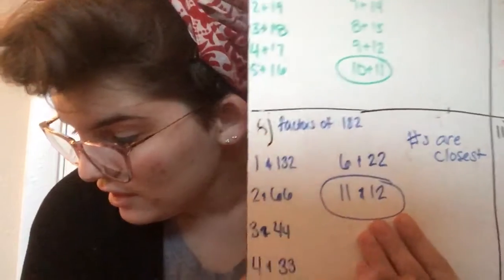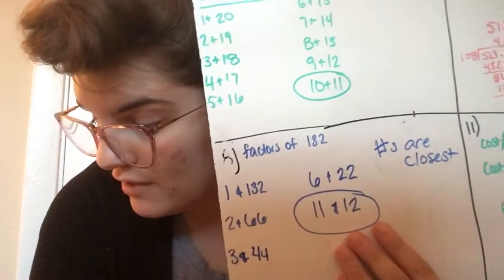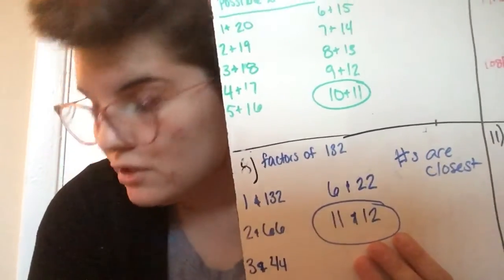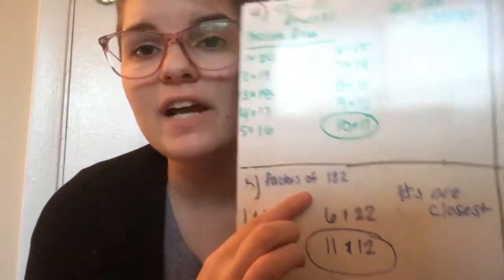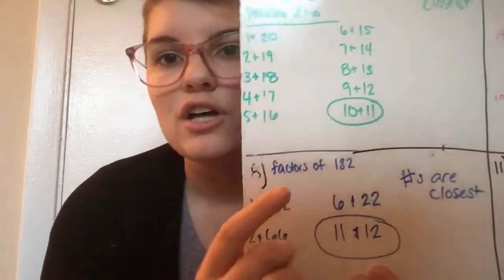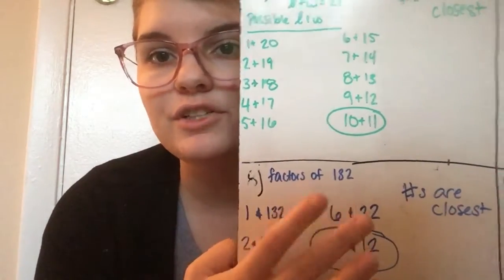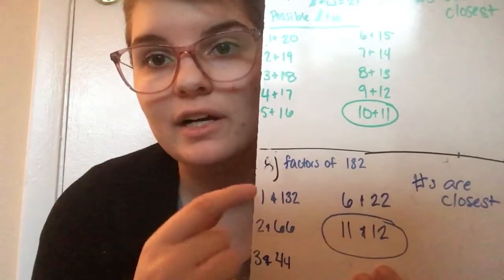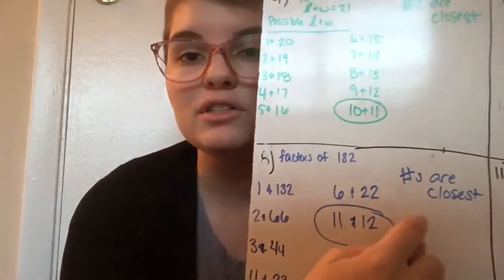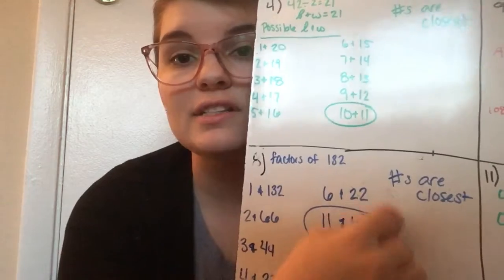All right, same thing going down with number 8. It says, find the dimensions of the rectangle with the shortest perimeter. So we know that the area is 132, and for area, it's length times width. So we're looking for factors of 132, things that you can multiply to get 132. If you were multiplying them to find the area, you're doing this times this.